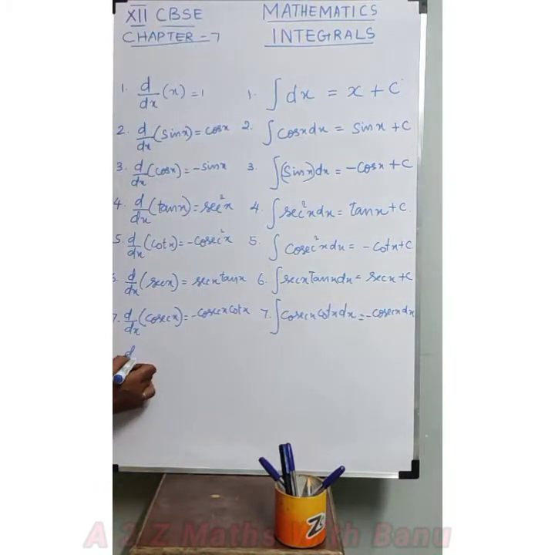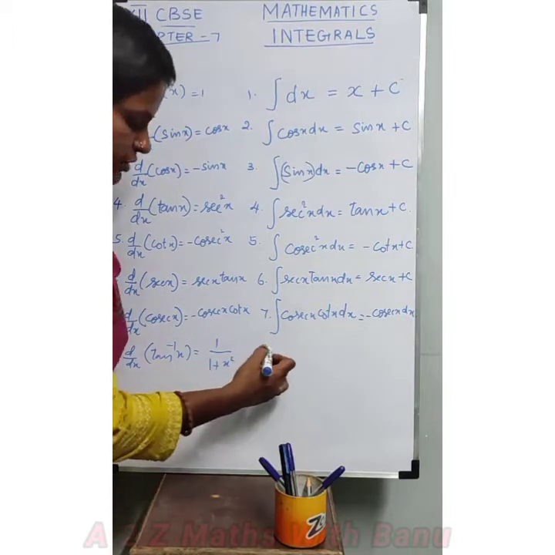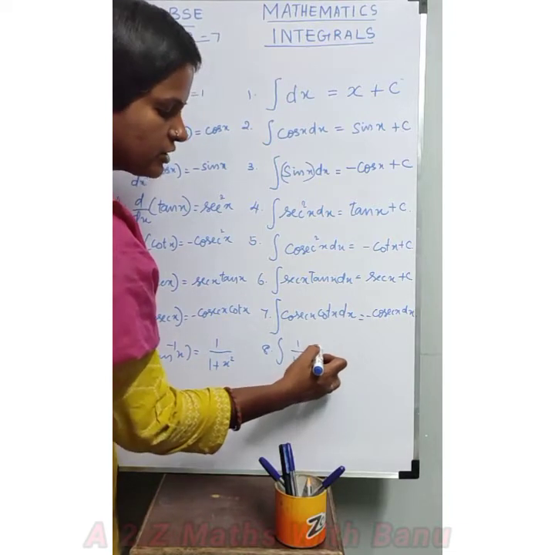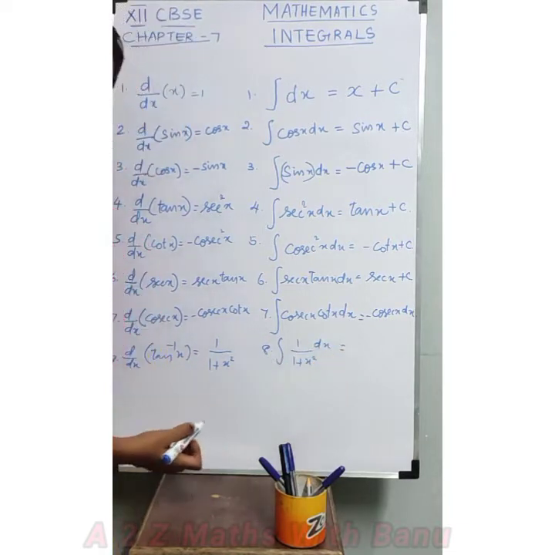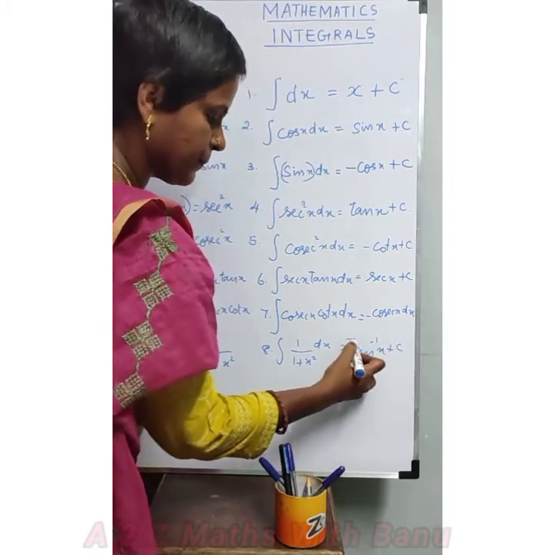What is the derivative of tan inverse of x, whose derivative is going to be 1 by 1 plus x square? Therefore, the integration of 1 by 1 plus x square with respect to x is going to be tan inverse of x plus c.